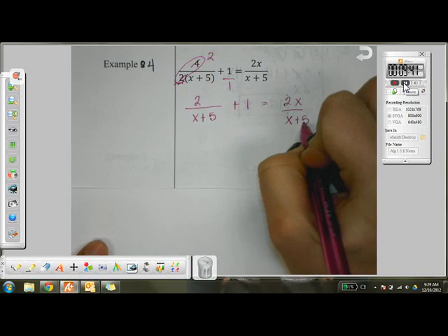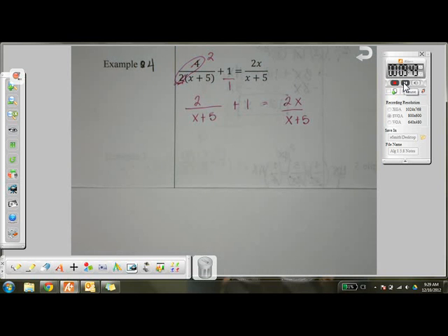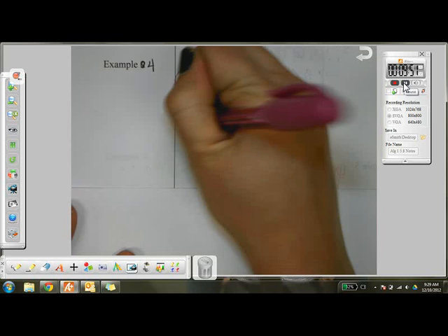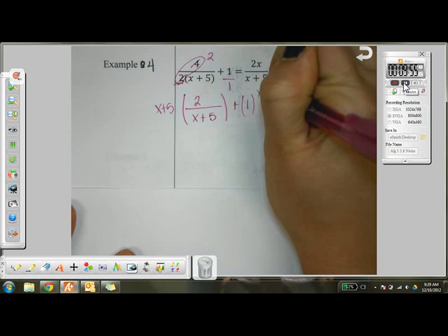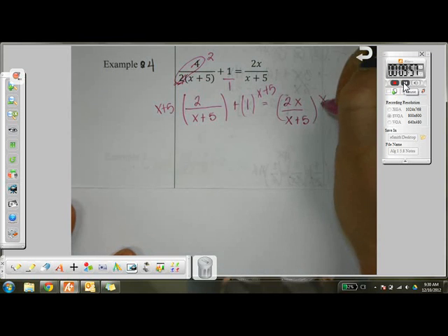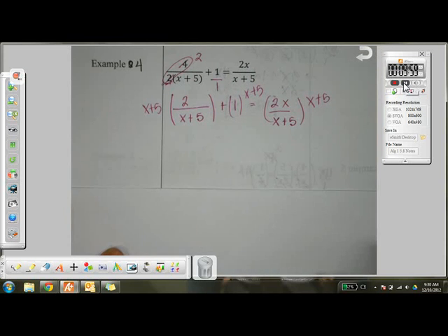Now the LCD is what? X plus 5. So what I want you to do, we're going to eliminate the fractions. So multiply everything by x plus 5. Even the 1. You have to multiply everything by x plus 5. Because what do you notice happens?